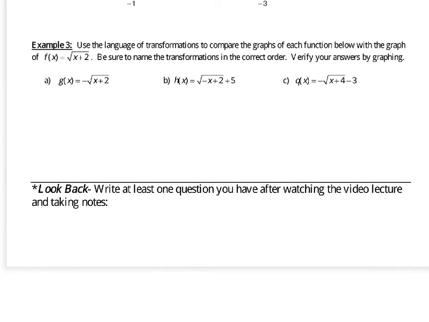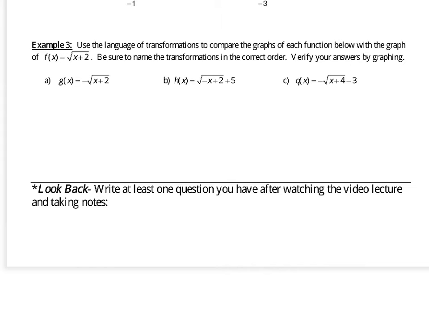There's a negative outside, which indicates a reflection over the x-axis. There's a positive 2 inside of the square root next to x, so that indicates a shift left 2 units, and then the negative 3, which is outside of the square root function, indicates a shift down 3 units. So there are actually 3 transformations going on in q of x.